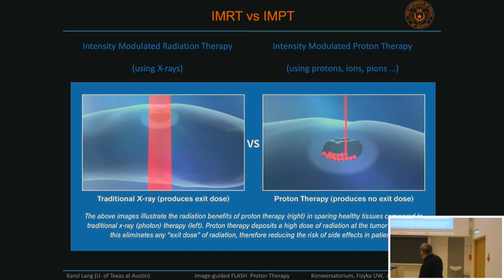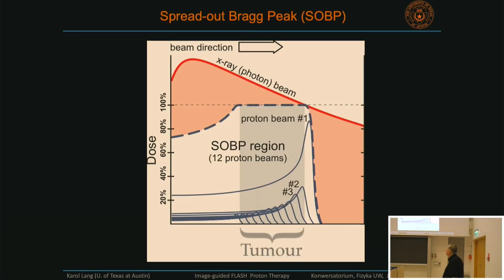So there's a huge difference, and it's an essential difference between protons and gammas. Remember the Bragg peak, which is one of these beams, like this.